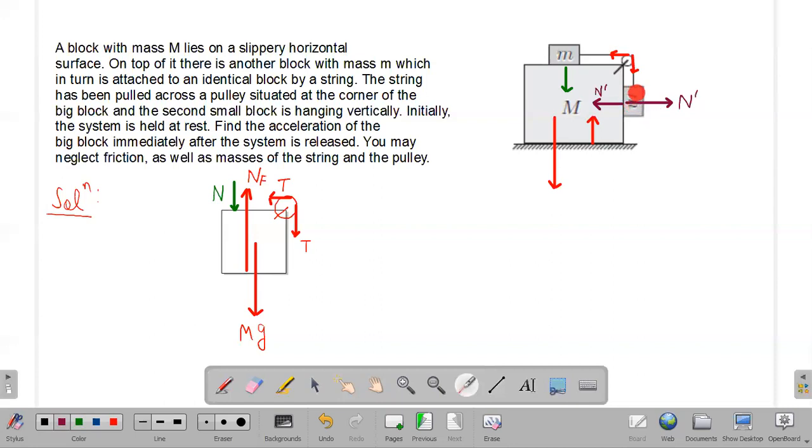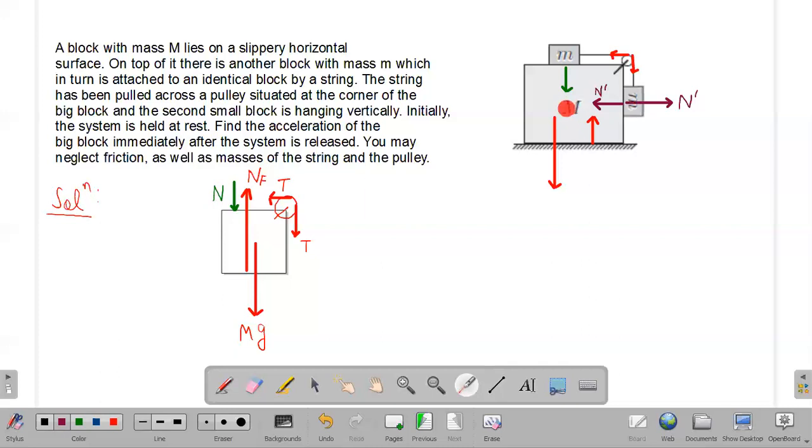If I consider this mass small m, which is the hanging mass, the only horizontal force on this mass small m is this N dash to the right side. So according to Newton's law, if this mass m has only a horizontal force N dash towards the right side, then it must be accelerated towards the right side.